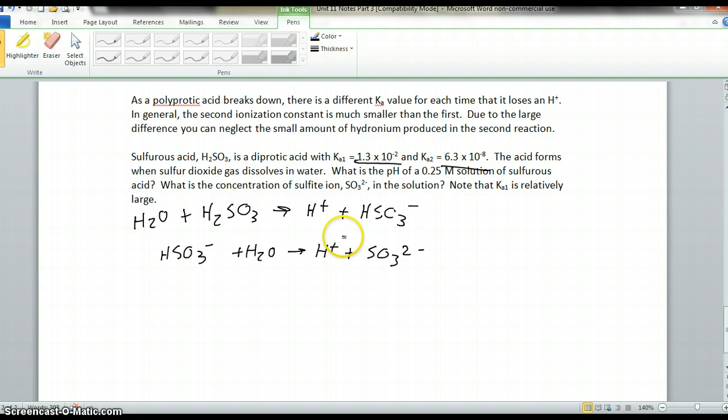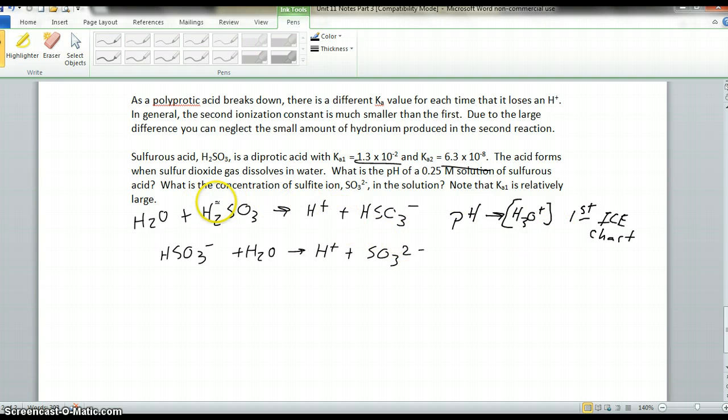So there are two equations, so you'd end up having to do two ICE charts and solve through here. The big thing to know with polyprotic acids is if you are asked for pH, which in this case you are, it says what is the pH, you are only going to use the concentration of hydronium from the first ICE chart. Just the same exact way we were doing up above.